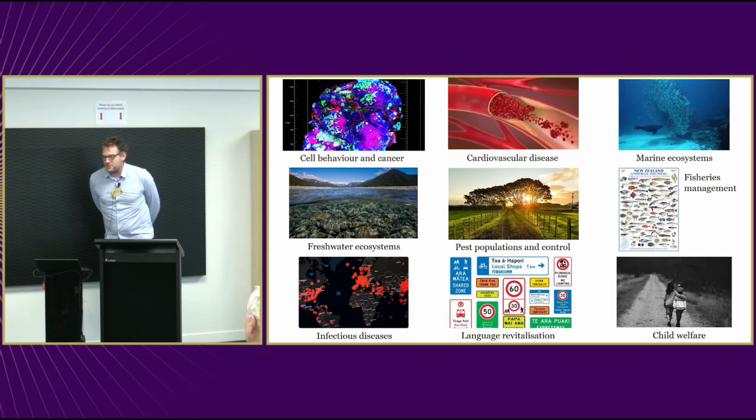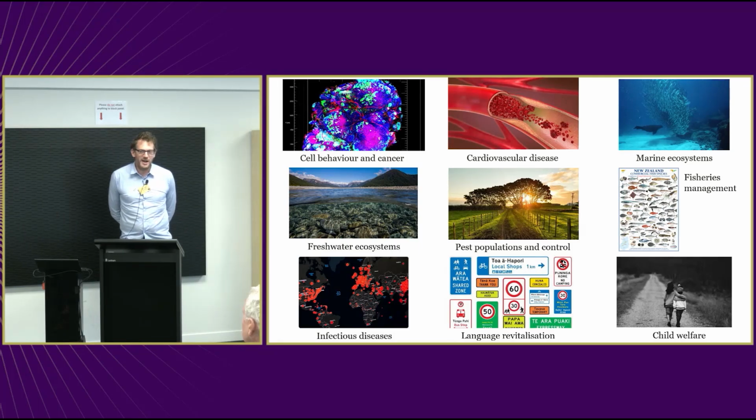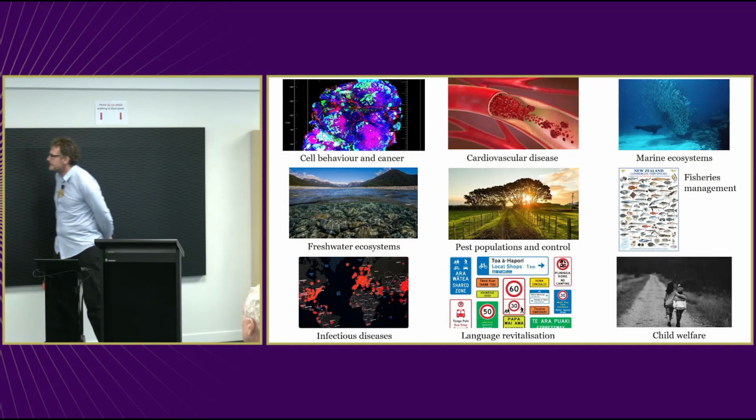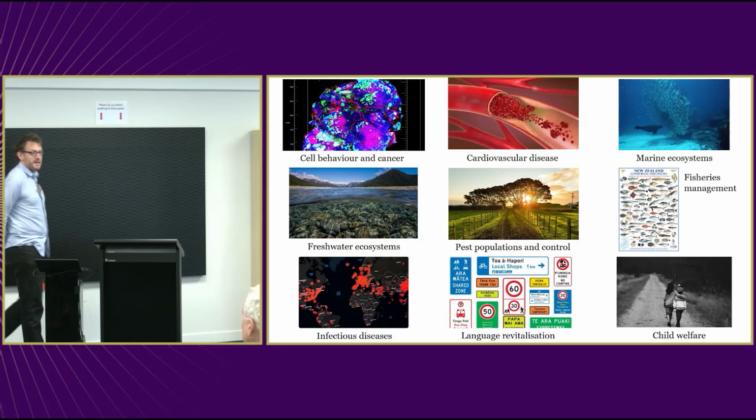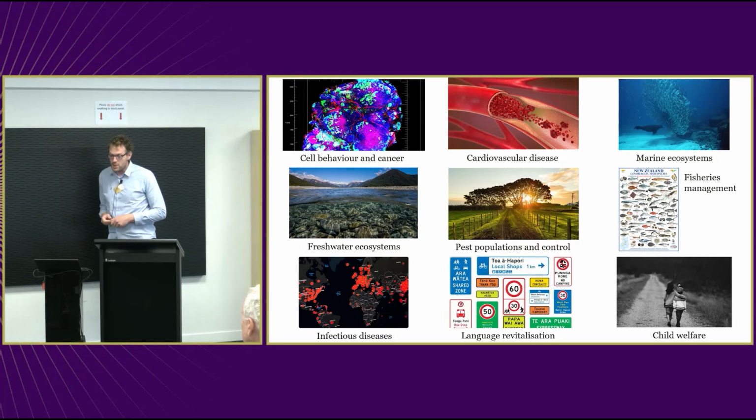So in my research career, I've worked on applying mathematical models in a wide range of different areas, mostly in mathematical biology. My PhD was on modelling cell behaviour in cancer, some of the pathological types of cell behaviour that occur during cancer progression.